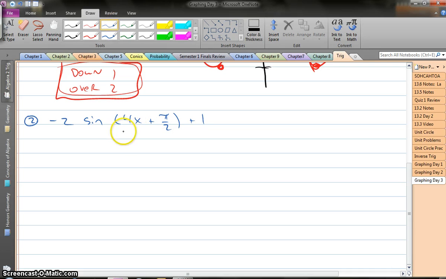So what I'm going to do is factor out this 4. So I'm going to go y equals -2 times the sine, and I'm factoring out a 4. So that leaves me with x. Now, to get this piece, we're going to take pi over 2 and just chop it into 4. Think of it if you had 2x plus 8.